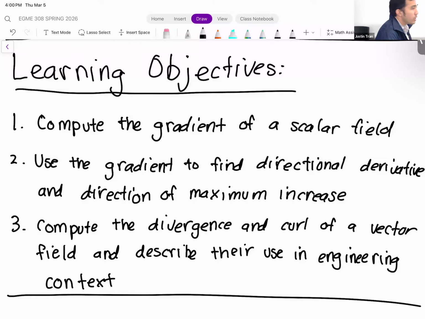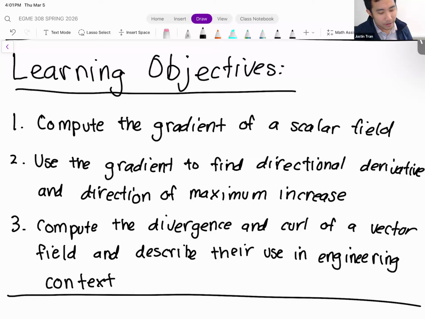We'll be going over 3 main operators today: gradient, divergence, and curl. Hopefully those are familiar names to you. I hope you've seen them before. But I think the difference today is that we'll actually look at what some of these operators are used for, as opposed to proofs of their properties. So hopefully that'll be exciting.